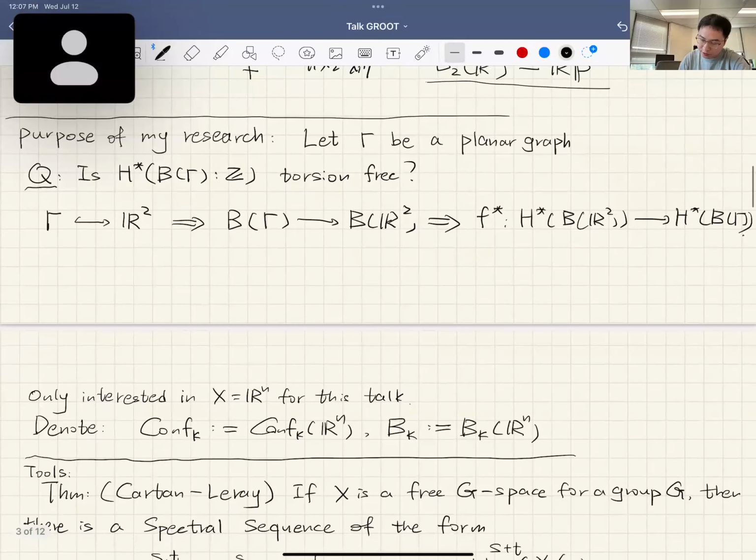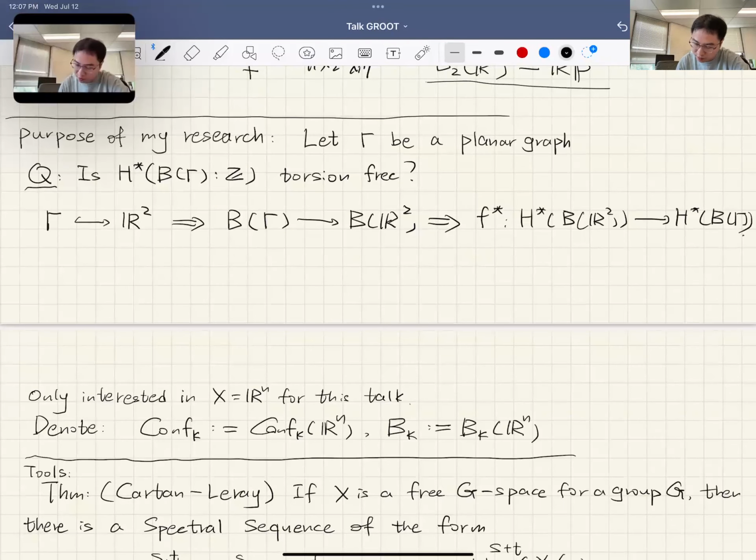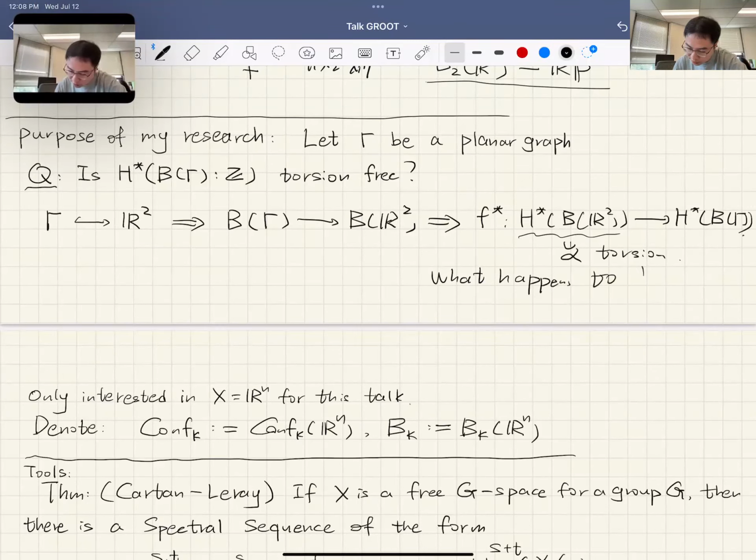Okay, and we know, by Cohen and people from before, that we have torsion elements in here. So alpha is torsion. What happens to f^* of alpha? Is this a torsion element in H^* of B(Gamma), or is it simply 0? So that's stage 2 of my thesis.